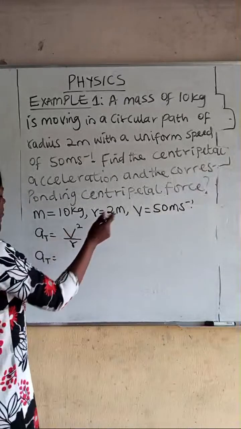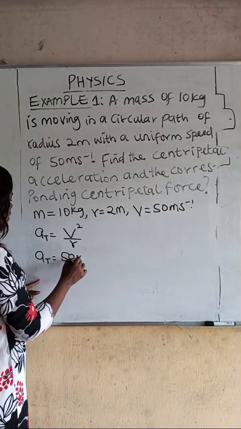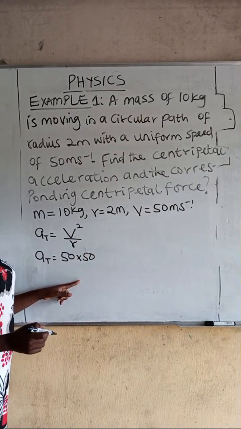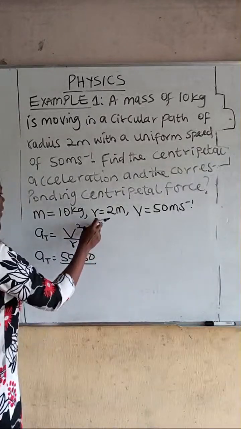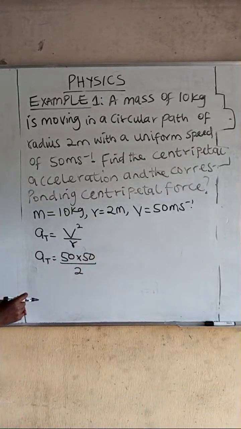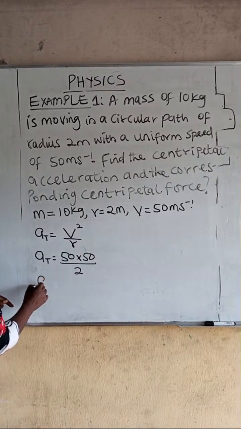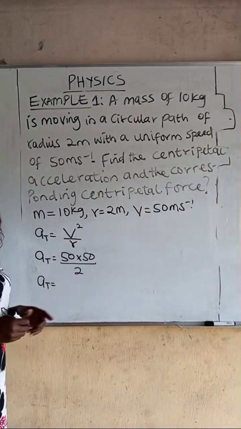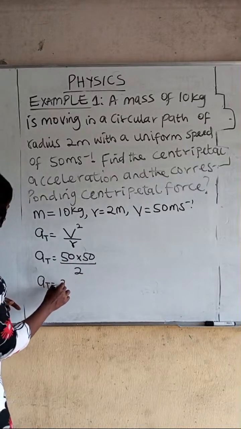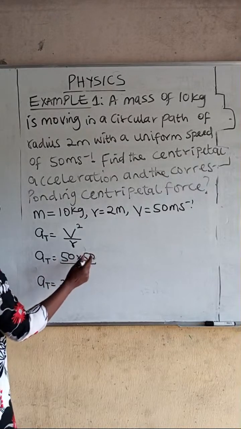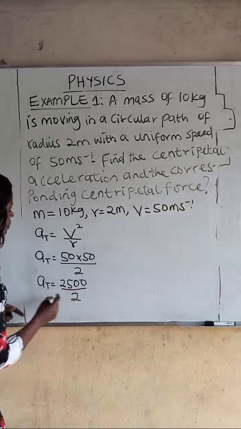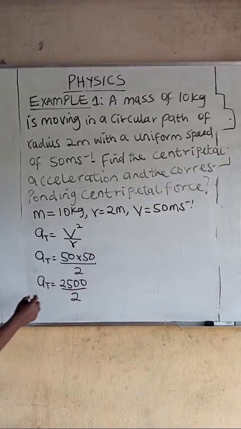My v is 50, 50 times 50, that is the same thing as 50 squared, divided by my radius, which is 2. 50 times 50: 5 times 5 is 25, then I divide by 2.